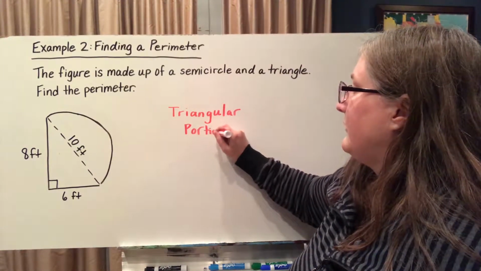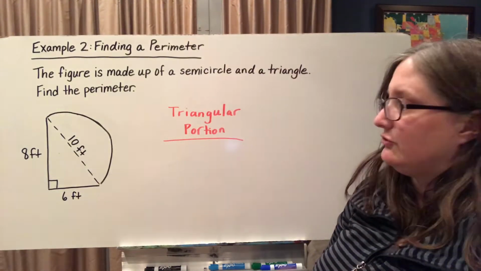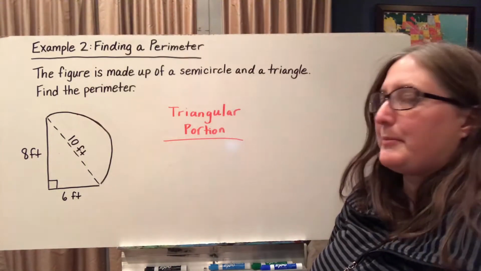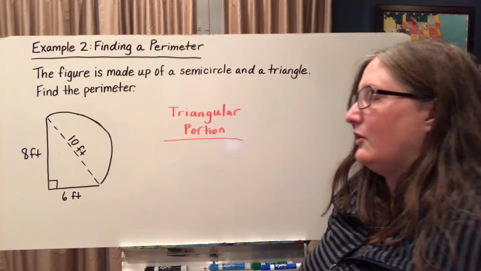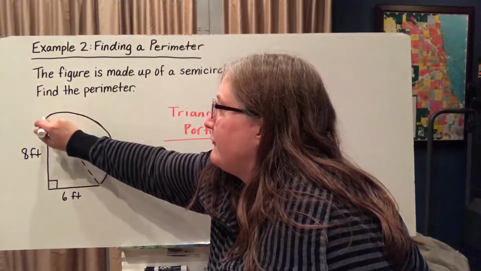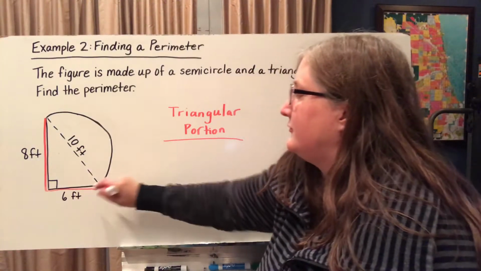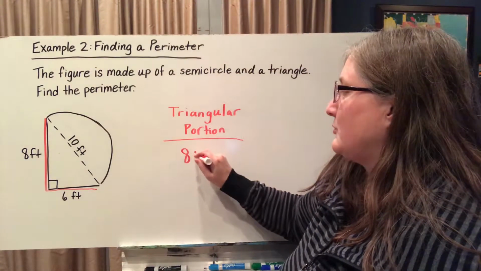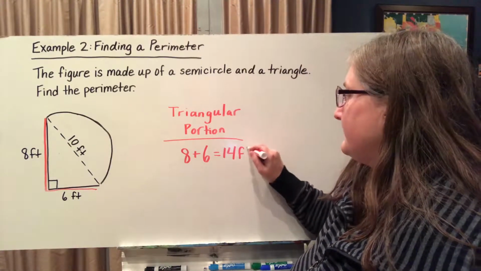When I'm looking at the triangular portion, I'm not going to count all 3 sides just because it's a triangle. The perimeter is only the outside sides of a shape. So the only 2 sides of a triangle that form outer edges of this shape are the 8-foot and the 6-foot side. So the triangular portion would be 8 plus 6 or 14 feet.